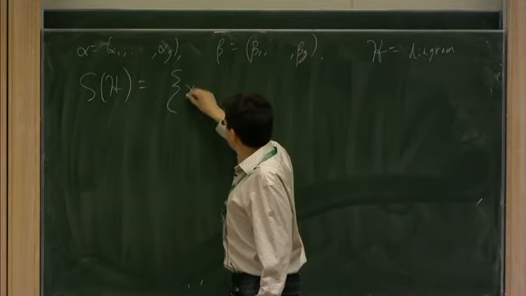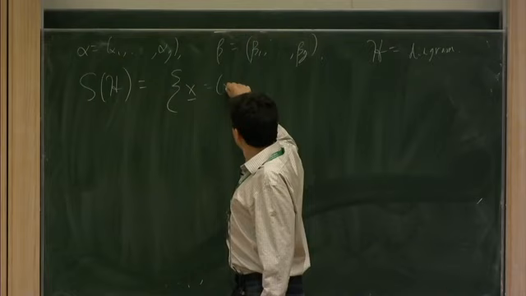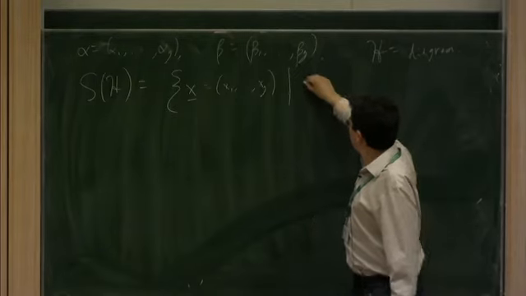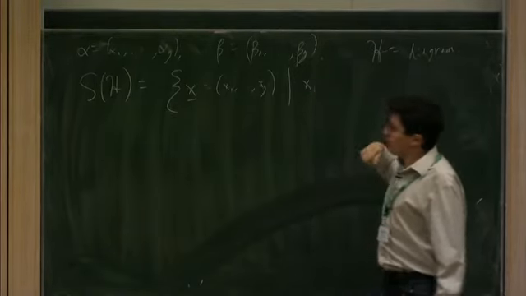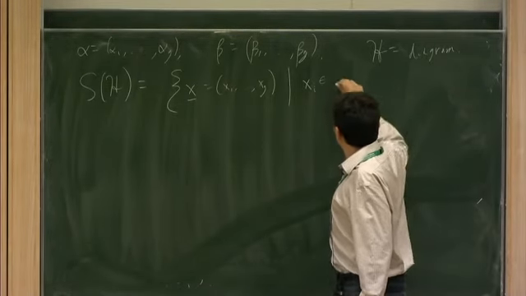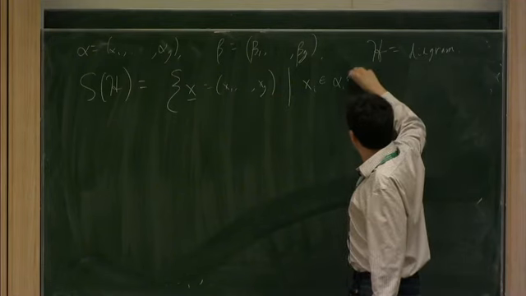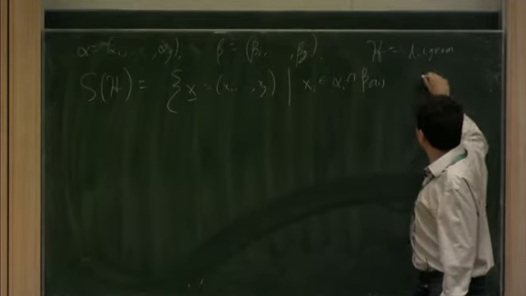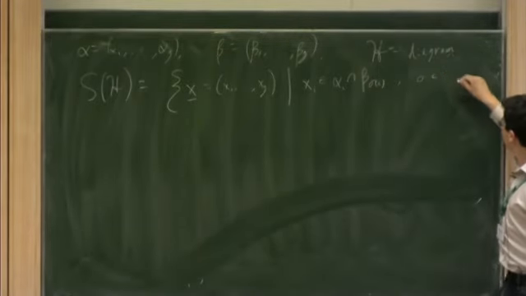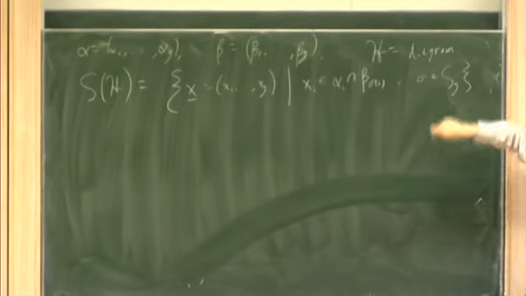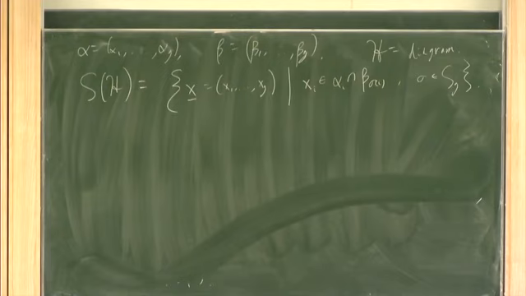It's going to be the set of g-tuples of points, such that you have one point on each alpha and one point on each beta circle. Okay, so x_i, we'll say, is in the intersection of alpha_i and beta_sigma(i), for some permutation sigma, some element of the symmetric group.